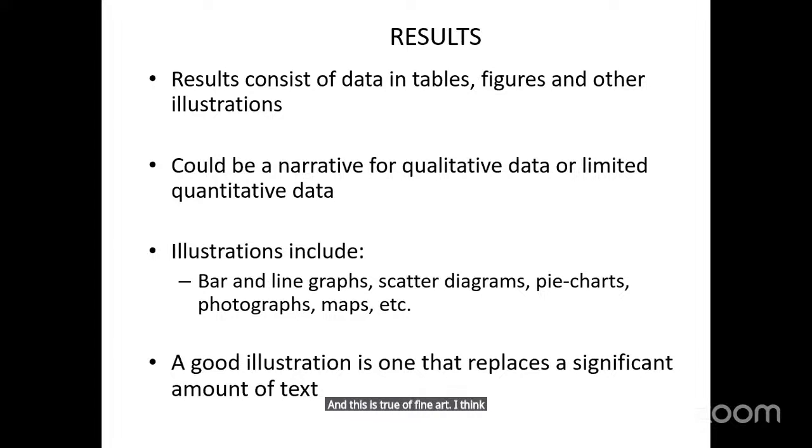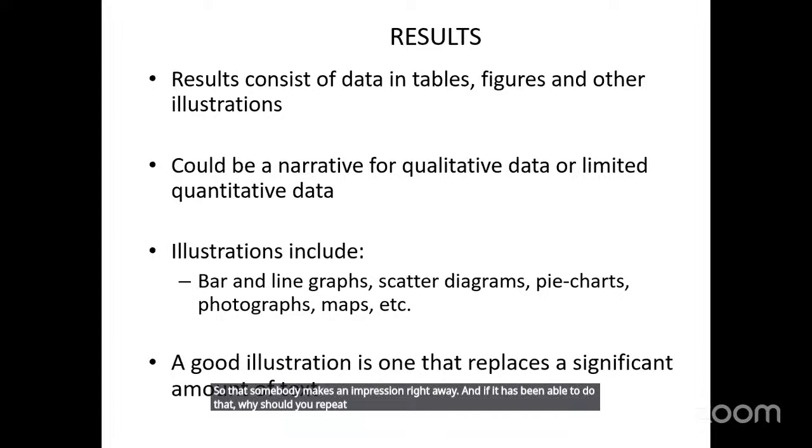I think for them, they consider a good photo picture as one that will be showing something else next time you look at it. Every time you look at it, you are seeing something else hidden. No, we don't want that. Rather, we want one that will take away the text so that somebody makes an impression right away. And if it has been able to do that, why should you repeat what it has already showed? Why?